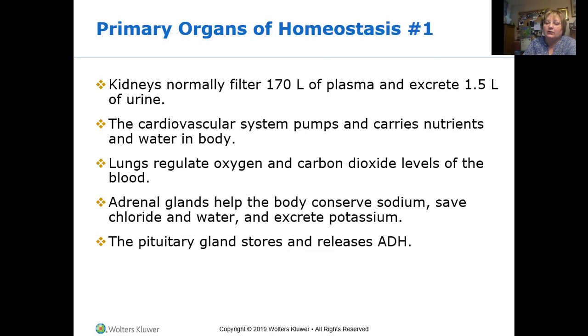We end up excreting only about 1.5 liters of fluid per day, even though we're filtering 170 liters. We're keeping most of it. It's being reabsorbed back into the body throughout the nephron. But we are excreting on average 1.5 liters of urine per day.